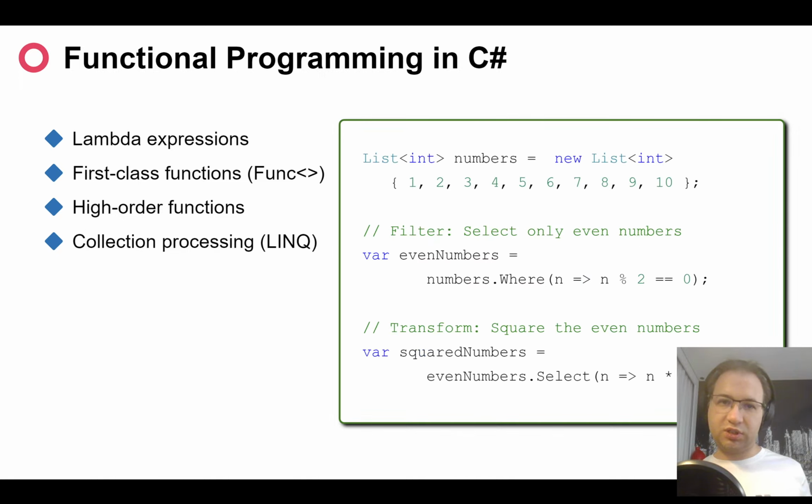But the most interesting thing in C# is LINQ. LINQ, well, it's not just one approach to collection processing. There are several syntaxes for processing. One syntax looks like SQL in C#. Another syntax looks like this: a chain of calls. You can chain your calls in a functional manner.